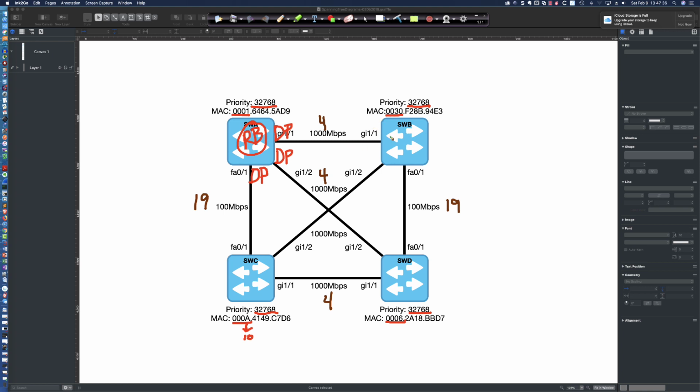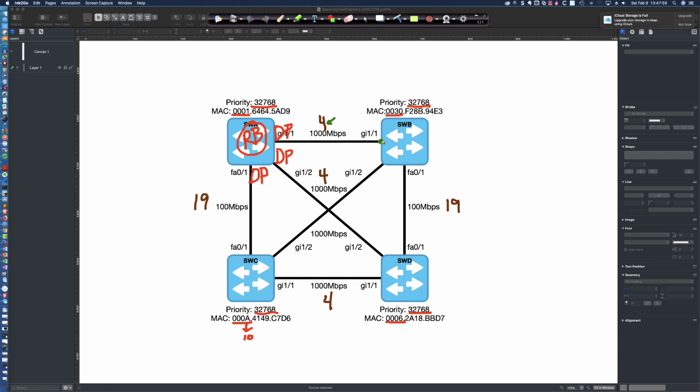So switch B. Going out that port, my cost is 4. Coming out this port here, it would be 4, and then 19 is 23. Coming this way, it would be 19 and 4 is 23, and 19 is 42. Yeah, 42.